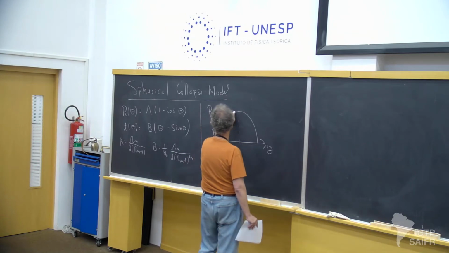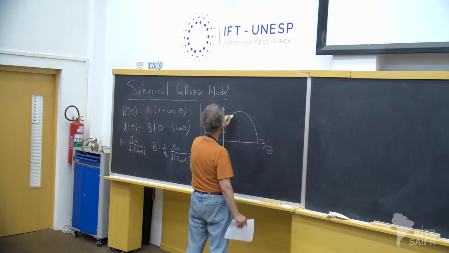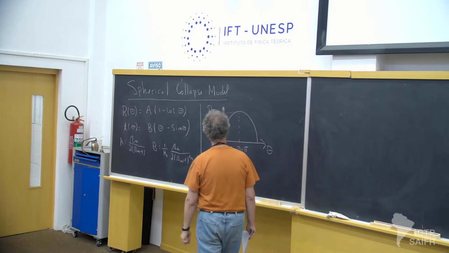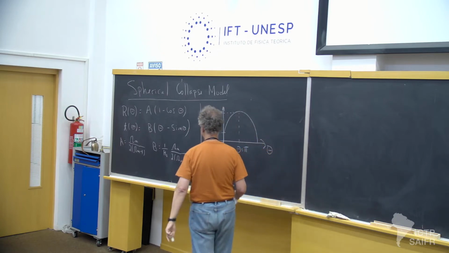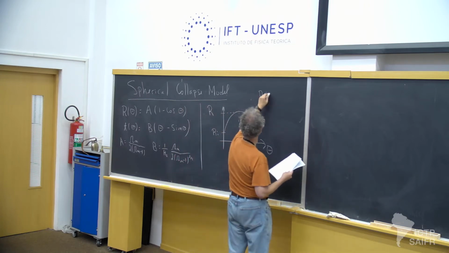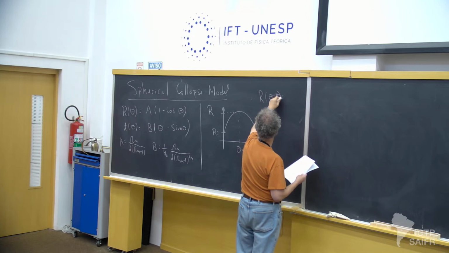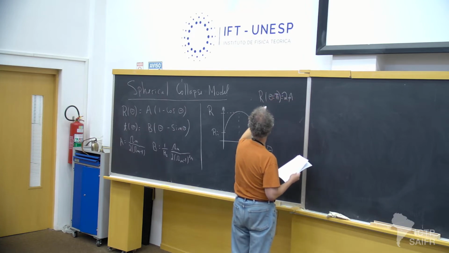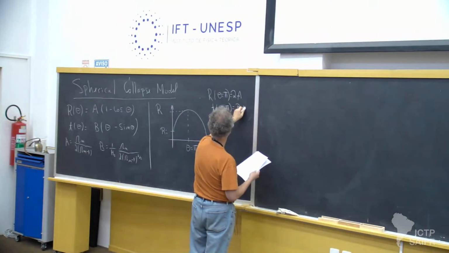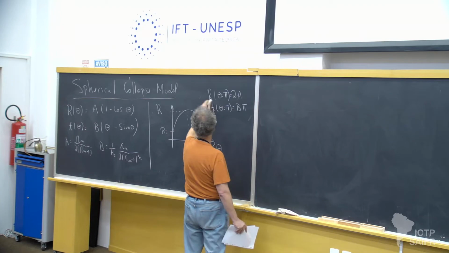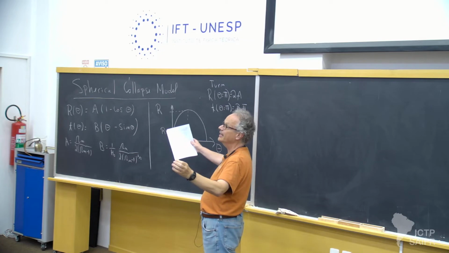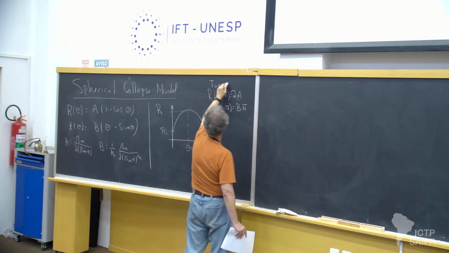Turnaround happens at theta equals pi, and you can compute the value of the turnaround radius. It's r of theta equals pi, and that's 2 times A. And it occurs at a time which is B times pi. That's the turnaround, when the perturbation stops expanding and starts to collapse again. It's called the turnaround radius.